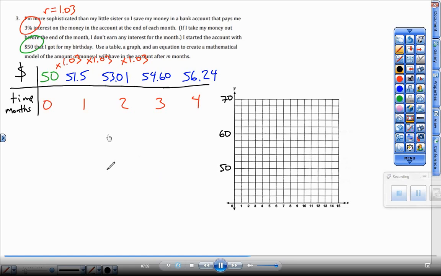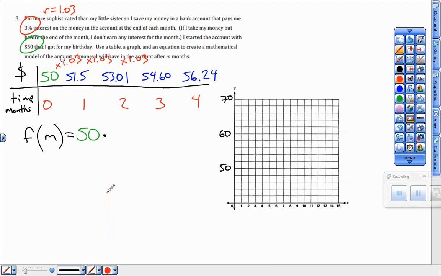So the explicit form, of course, for these geometrics is f of, and there you have me use m for time. So instead of x, f of m equals that zero term 50 times the r number 1.03 raised to the x power.